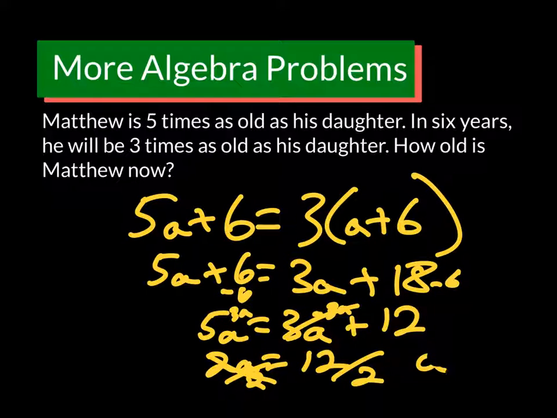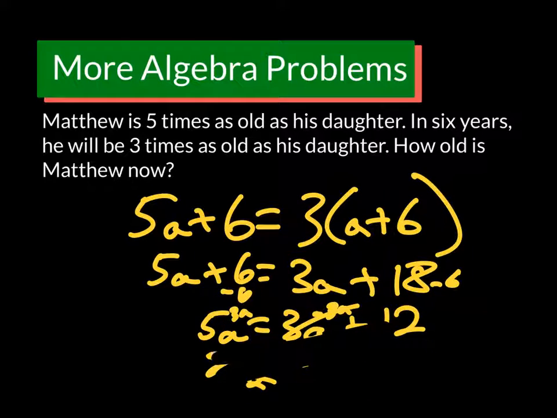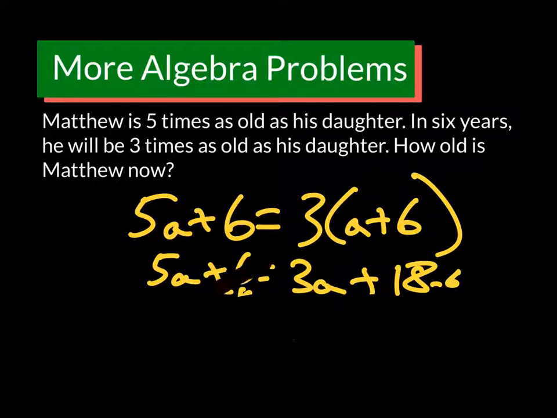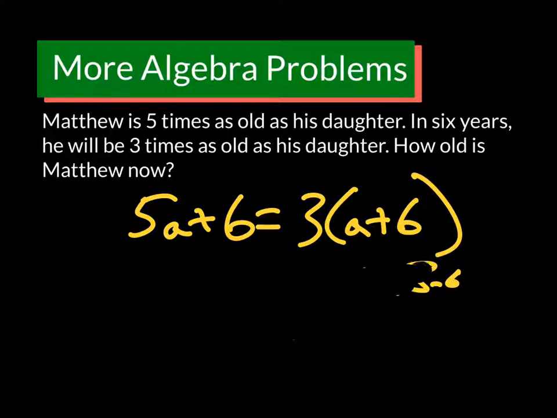So if A is equal to 6, we can double check that by substituting 6 for A in the original equation and seeing if it works.